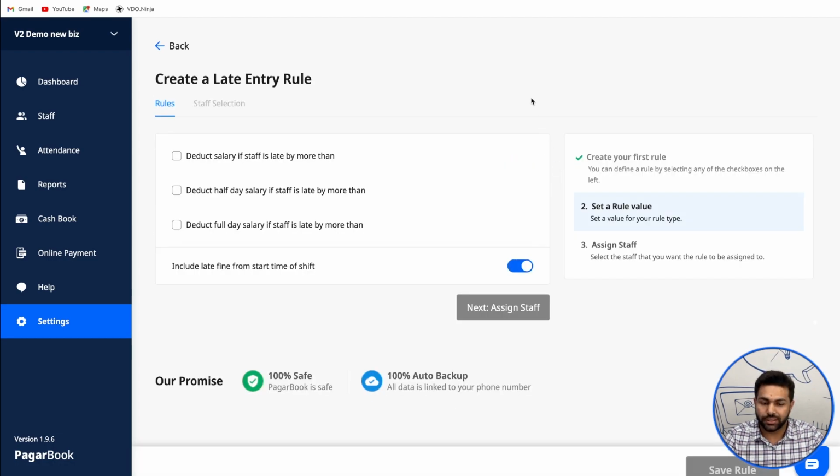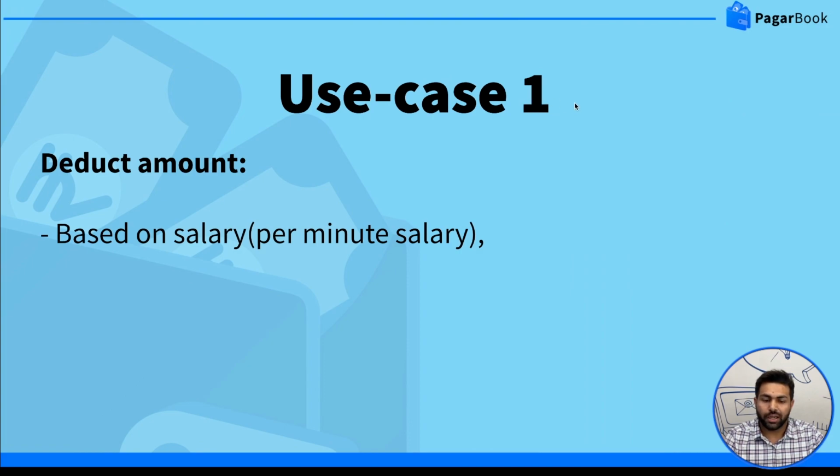To understand this, we will understand a use case first. Whenever a staff is late, the owner may require to deduct an amount based on salary. There can be different types of deduction. First can be based on salary, that is a per minute deduction. Then the owner may want a fixed amount to be deducted, that is 500 rupees.